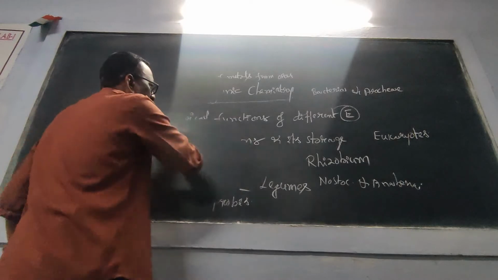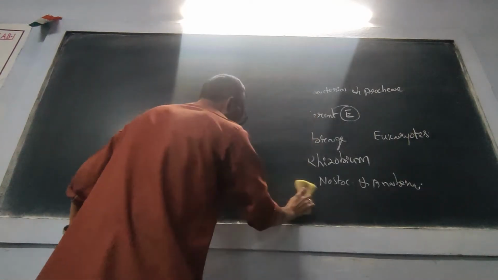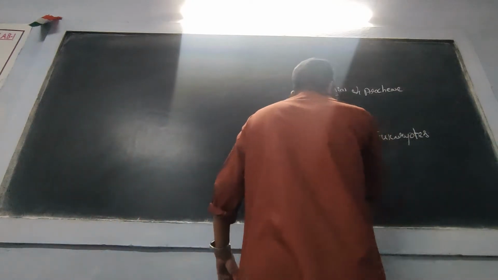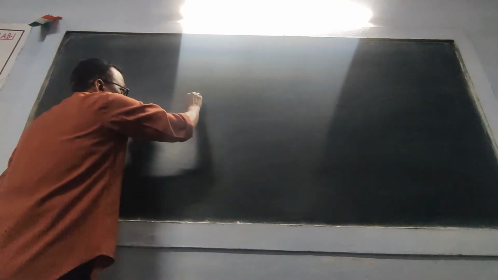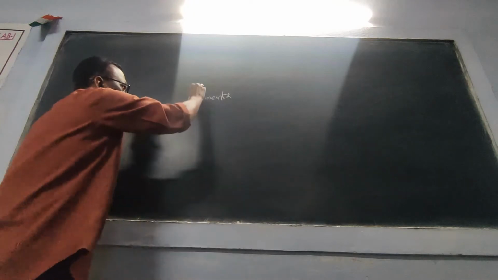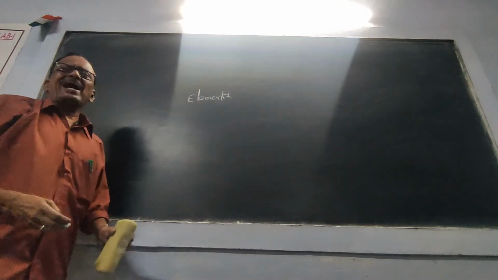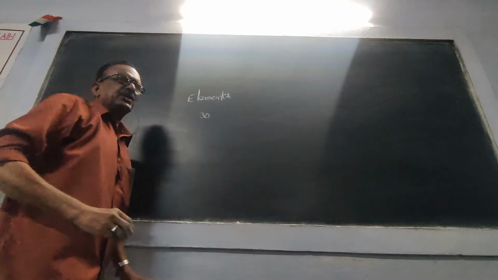Next we shall see the classification of elements which are involved in biological systems. So far, in living organisms, both plants and animals, nearly 30 elements were identified.